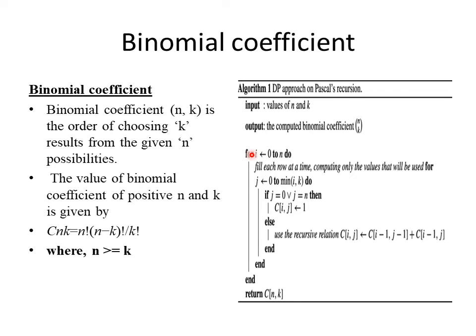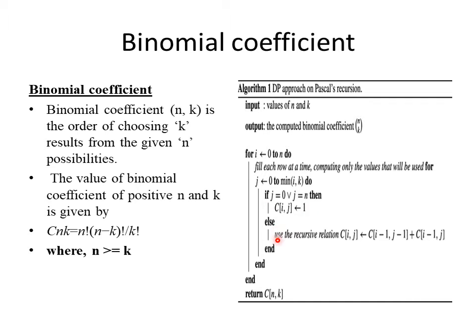Here I am taking a loop from 0 to n, doing it for each row at a time, and computing only the values that will be used. I initialize j from 0 to the minimum of i and k. If j equals 0 or j equals i, then C of i, j equals 1.